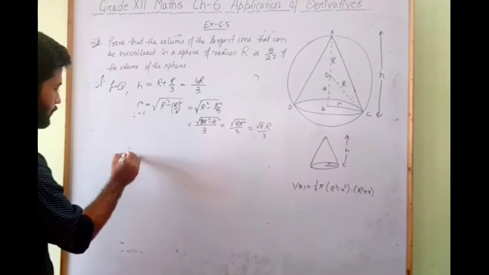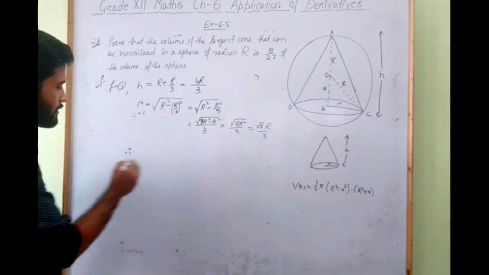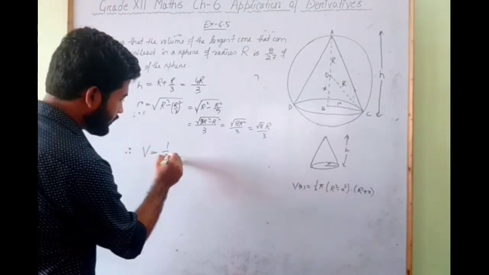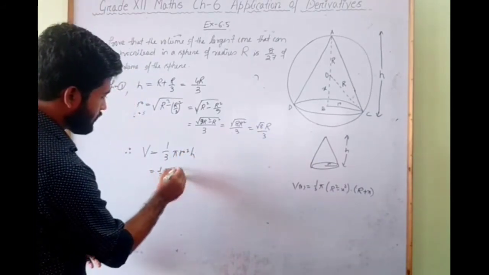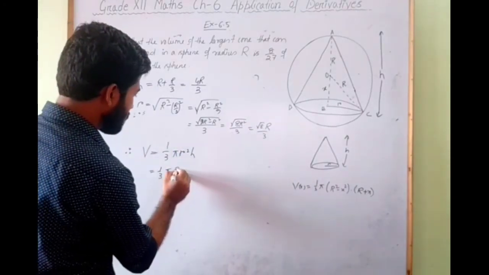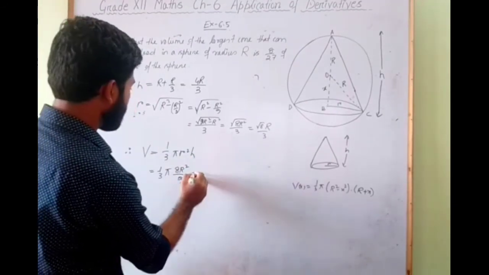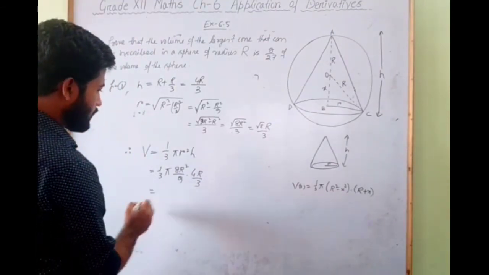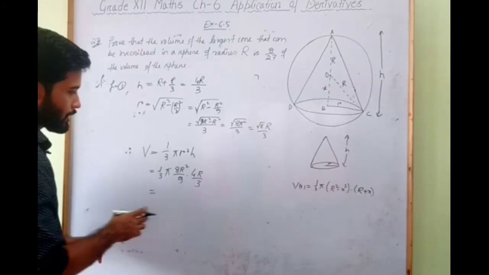Okay, so since we have got the height and the radius, the volume of a cone is given by 1/3 pi r square h. Now what is r square? Our r is root 8 r by 3, so r square will be 8r square by 9, and h is 4r/3. Now we want to equate it to the volume of the sphere. What is the volume of a sphere?